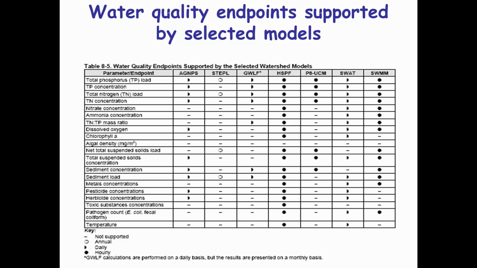So if you look at the next to the last column, the SWAT model will provide daily values of total phosphorus concentration, total phosphorus load, both total nitrogen load and total nitrogen concentration, nitrate concentration, and so forth, all the way down through chlorophyll A. It will not simulate algal density. It will not simulate net total suspended solids load. And you can look down through the column here to see what the capabilities are for SWAT and then for some of these other models.